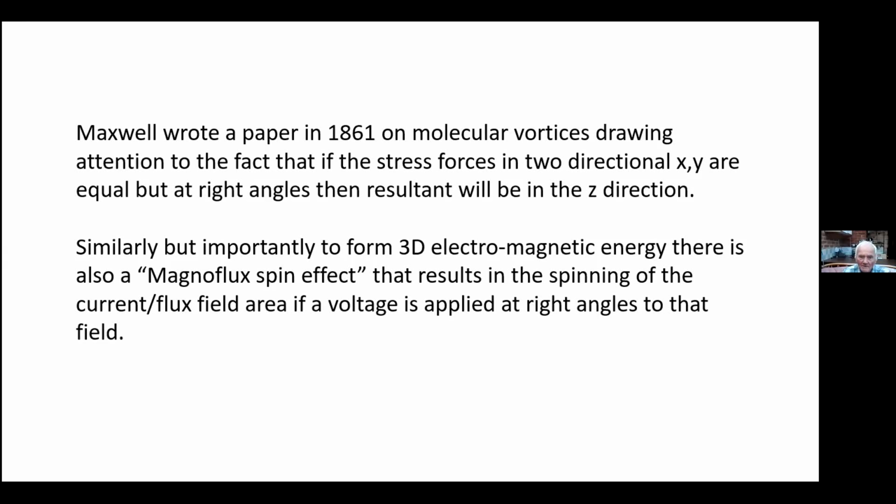Similar, but importantly, to form 3D electromagnetic energy, there is also a magnoflux spin effect that results in the spinning of the current flux field area if a voltage is applied at right angles to that field.